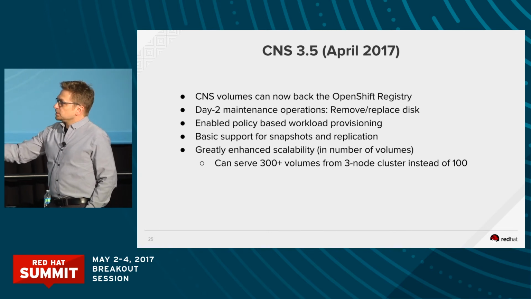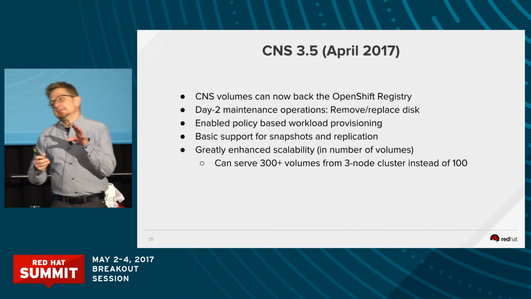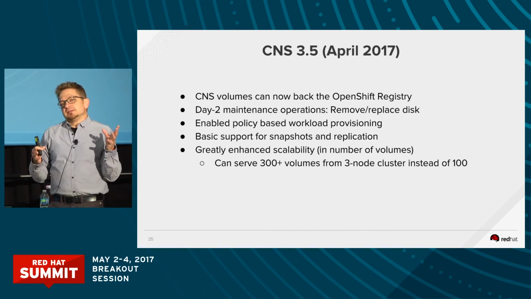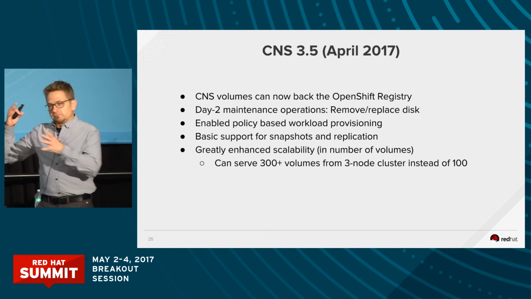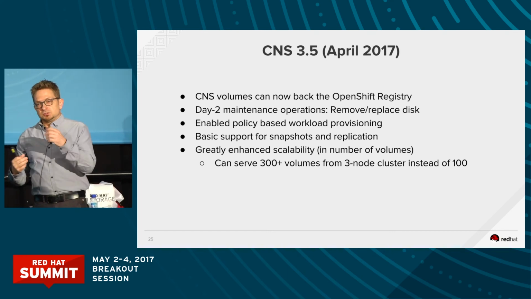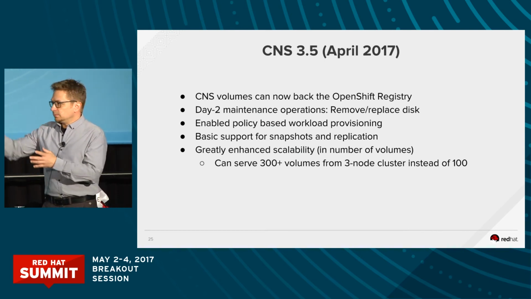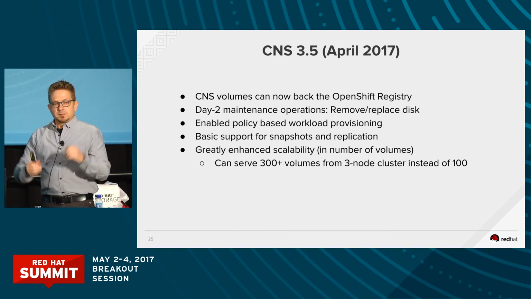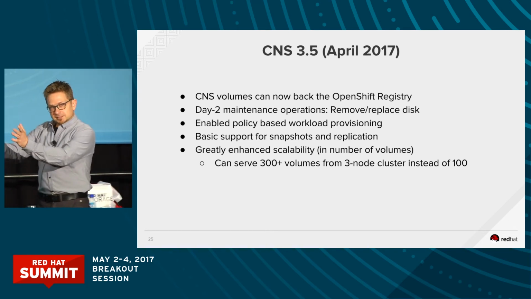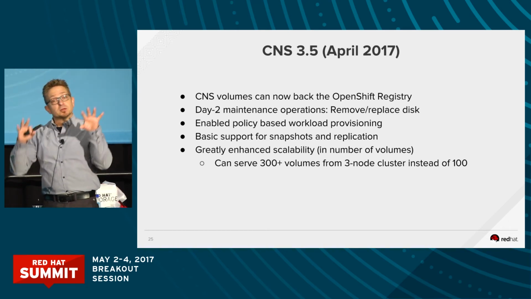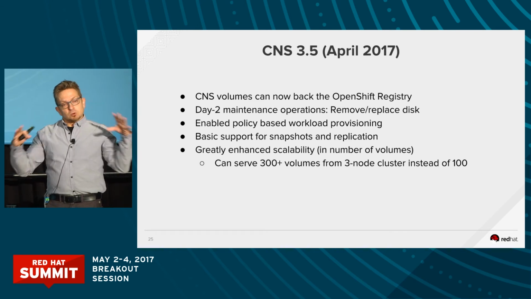We enabled policy-based workload provisioning. Assume you have different qualities of disks, like SSDs or an all-flash SAN array attached to your OpenShift nodes, and you have some spinning rust. We create one cluster that just uses the fast storage and another cluster that uses just the slow storage. You create two different storage classes for that, and all that is managed by Heketi.